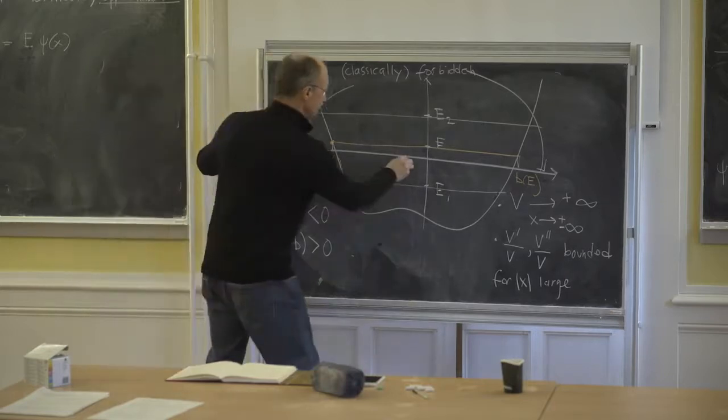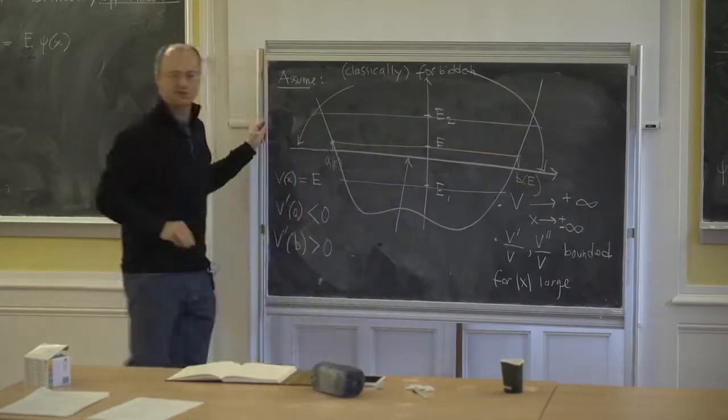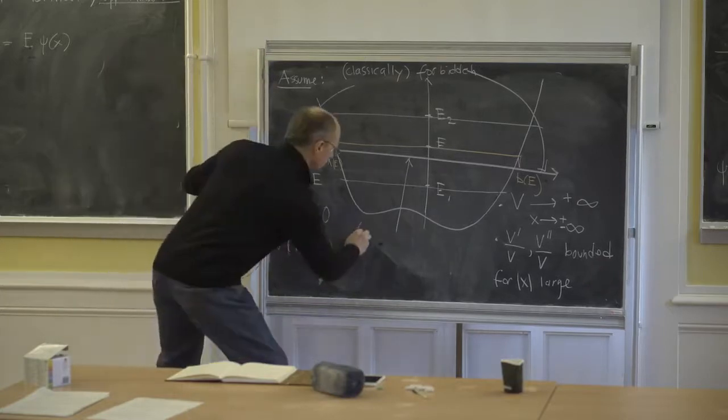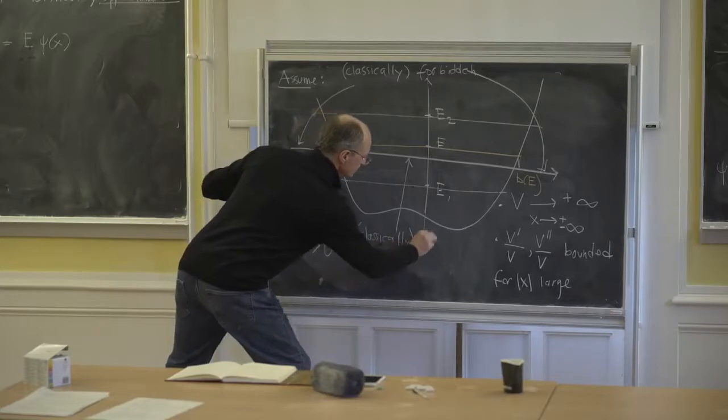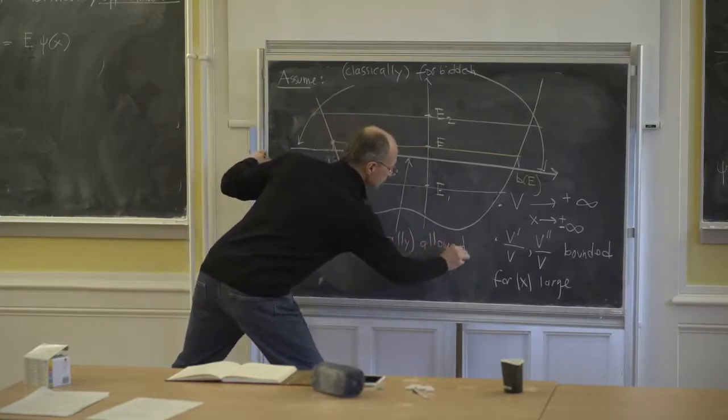And the region between A and B is called classically allowed.